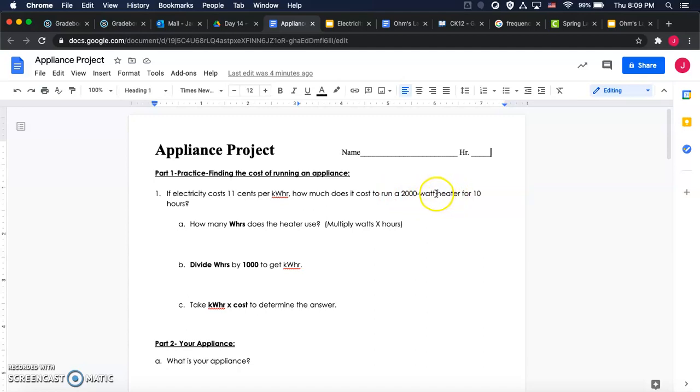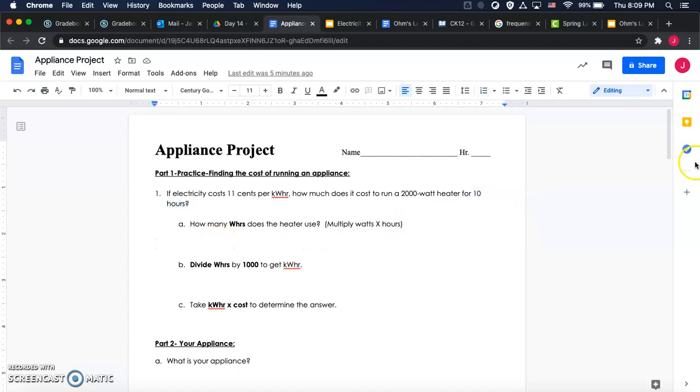So the first question is how many watt hours does the heater use? A watt hour is just the power of the heater, so 2,000 watts, multiplied by how long it's being used for. So maybe the heater was running for 10 hours to heat the house. In the first step we just multiply those values together.